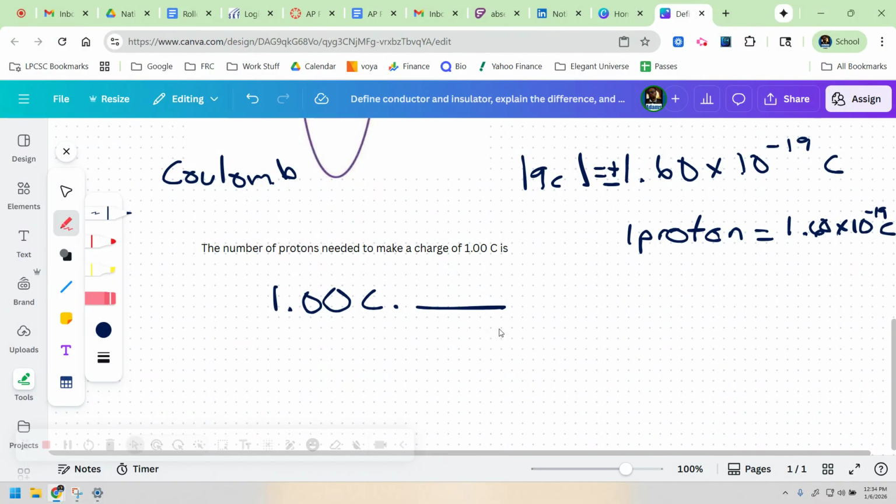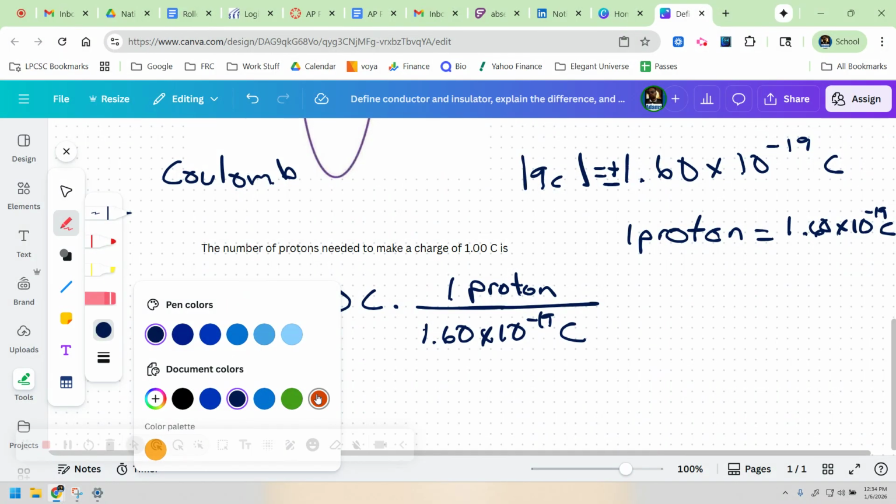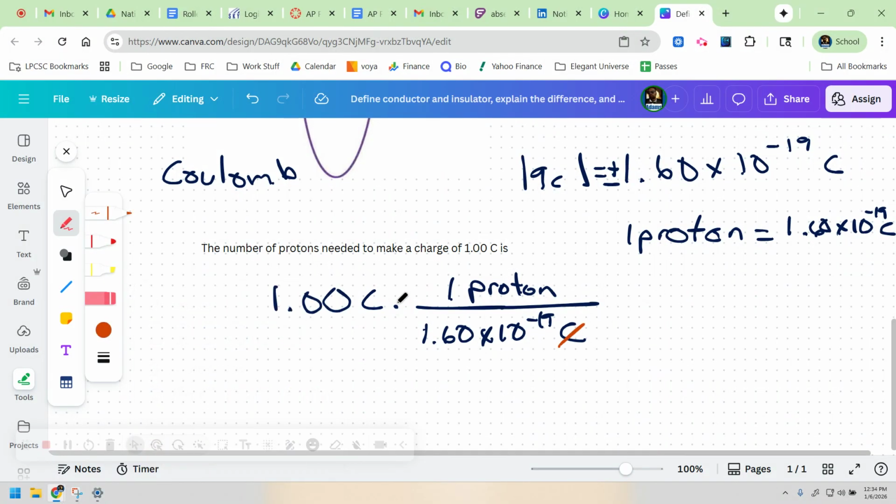So I'm going to make a conversion factor. Since I have coulombs here, I have to put coulombs in the bottom. So I have 1.60 times 10 to the negative 19 coulombs is equal to 1 proton. So then coulombs cancels the coulombs.